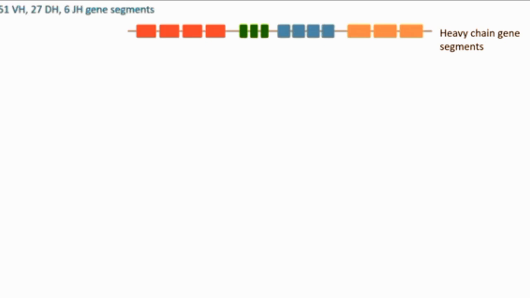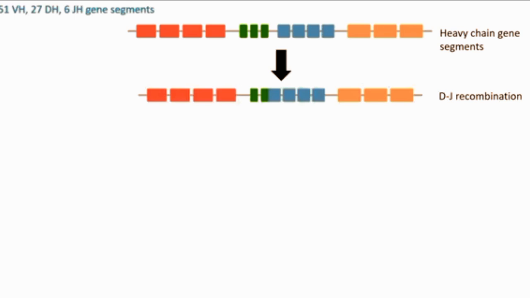Now, what is the importance of having so many different segments? It turns out these several segments could be joined in a sequence. For example, the diversity and J segments can join together by a recombination process known as DJ recombination.